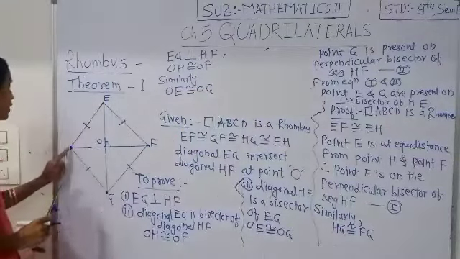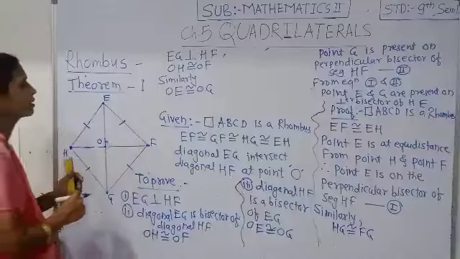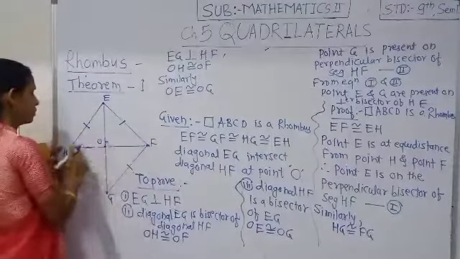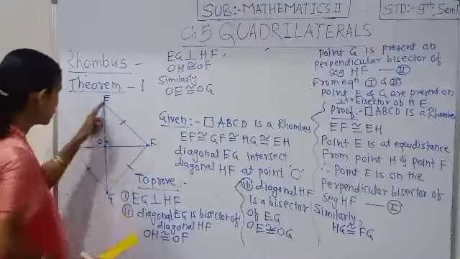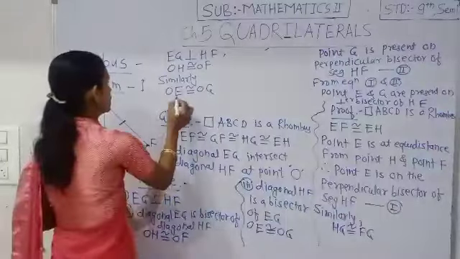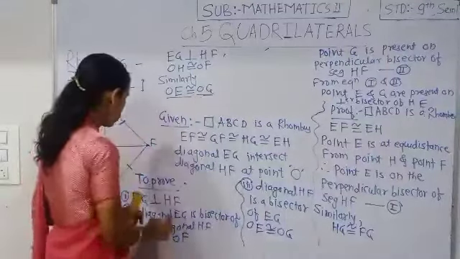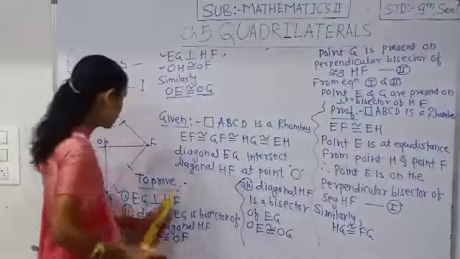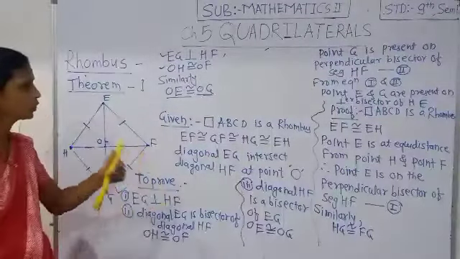That means point H and point F are present on the perpendicular bisector of EG. Therefore, OE congruent OG. That is the proof of all the properties which we have to prove here.